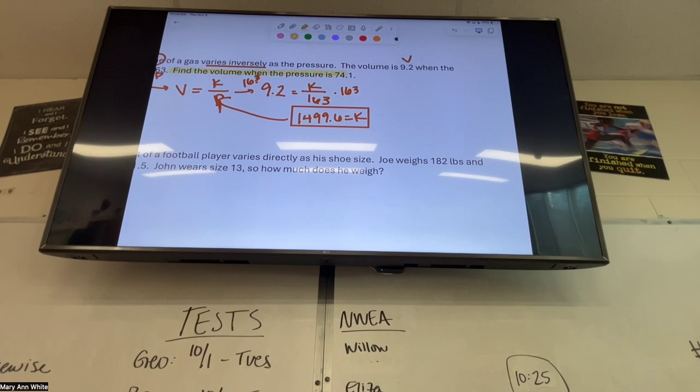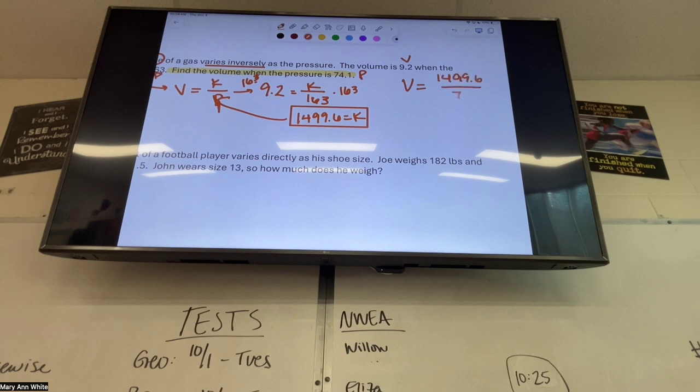It says, find the volume when the pressure is 74.1. So my pressure, my P is 74.1, and I don't know what my volume is. I can just plug those pieces in and we can divide and solve pretty easily. And I believe I get 20.2. Is that what you guys get?